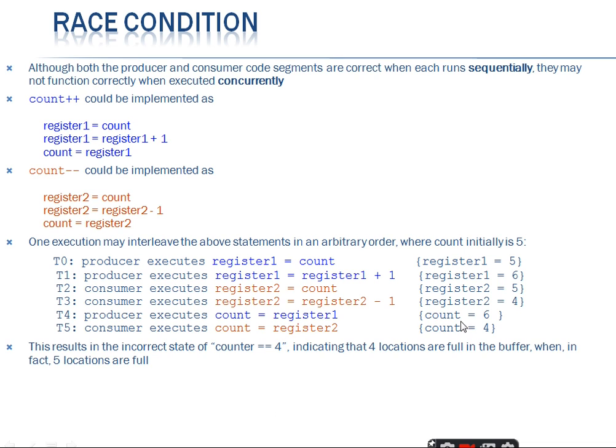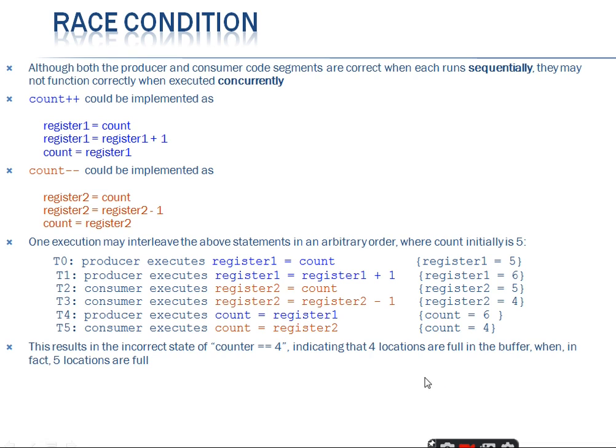Now see, count was first 6 and now the count value is 4. This results in an incorrect state of the counter value, that is 4. If count is equal to 4, it indicates that 4 locations are full in the buffer, where in fact 5 locations are full. Are you able to understand this?